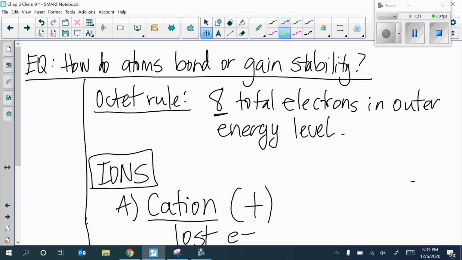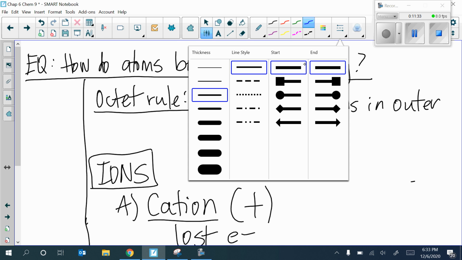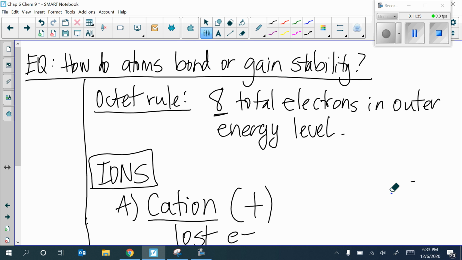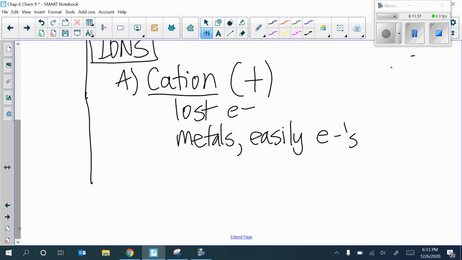Looks like I'm on this page here. Okay, so magnesium, in its natural state, has 12 protons and it has 12 electrons, okay? Now to become stable, I just told you that it wants to lose those 2 electrons.